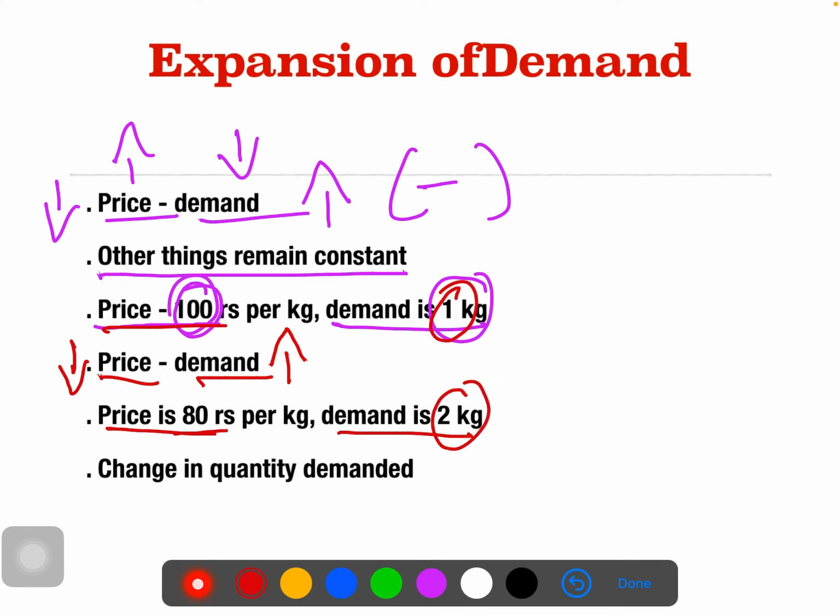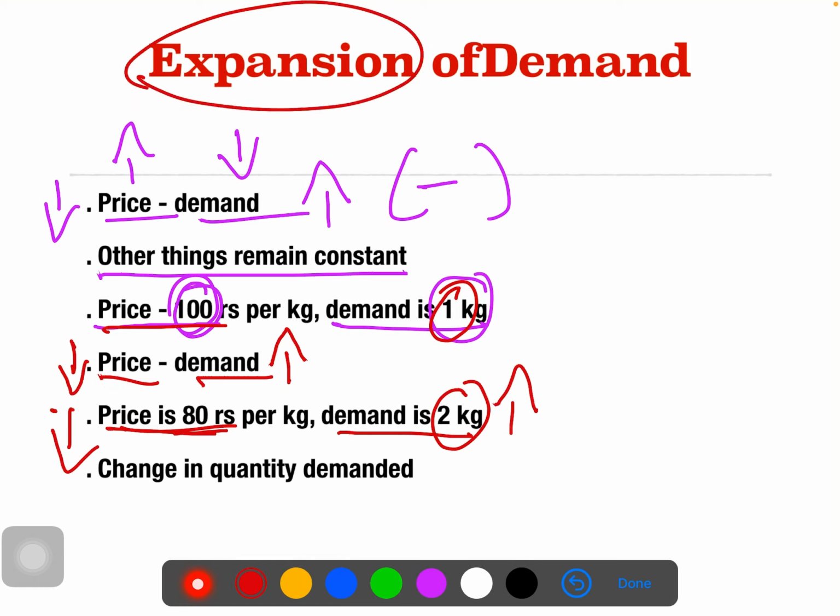So whenever price decreases, demand is going to increase. The quantity demanded got increased, so that is called expansion of demand.